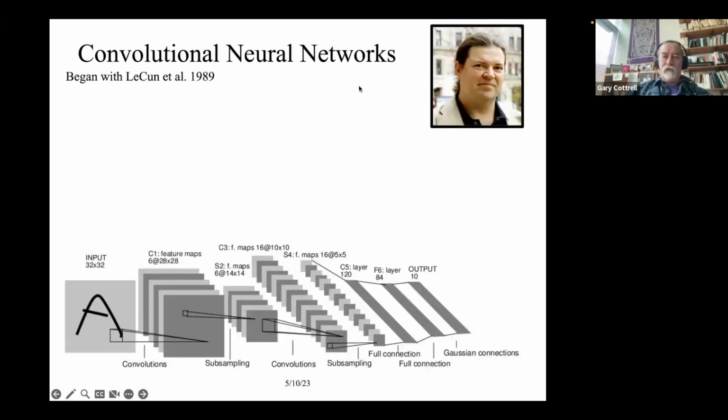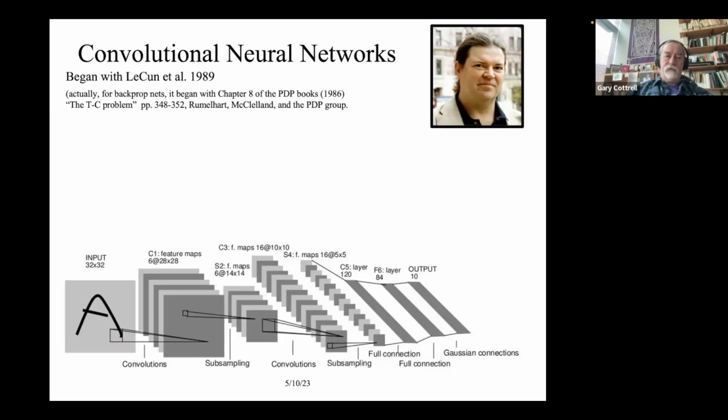And this began with Yann LeCun's famous papers in 1989, but I would like to call out that actually there was a convolutional neural network in chapter 8 of the PDP book under the name of the T-C problem, and they reference Fukushima even earlier in 1980, as does Yann.